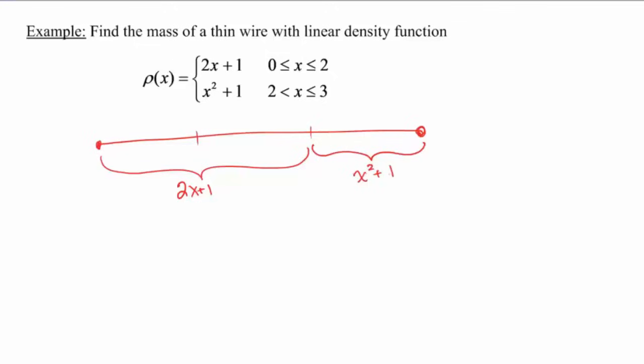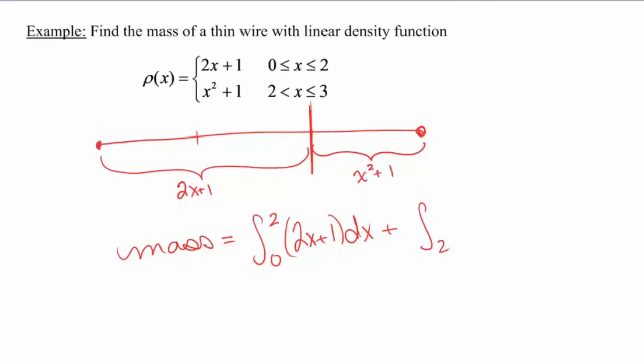So we're going to deal with this the same way we deal with piecewise functions normally, or physically we can think of it as almost cutting this wire and finding the mass of each piece and then adding them together. So our total mass here is going to be the integral from 0 to 2 of 2x plus 1 plus the integral from 2 to 3 of x squared plus 1.